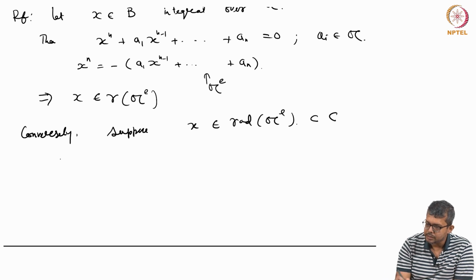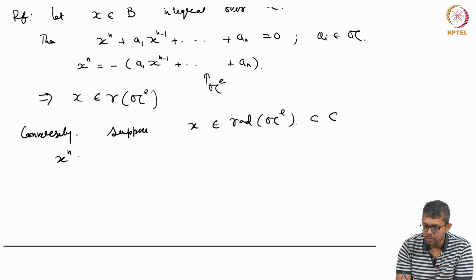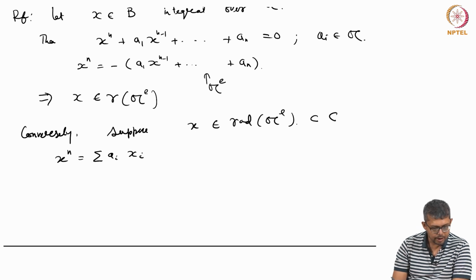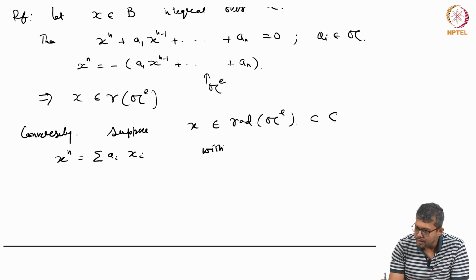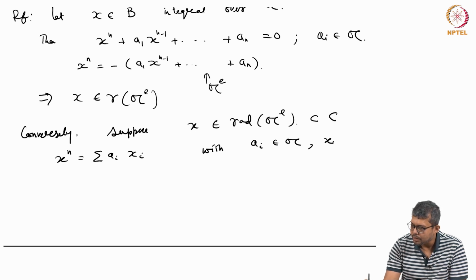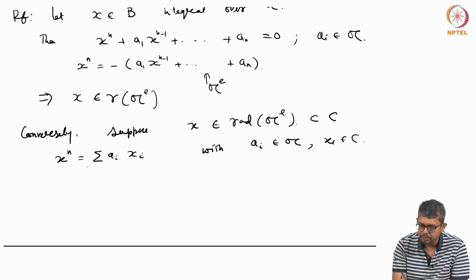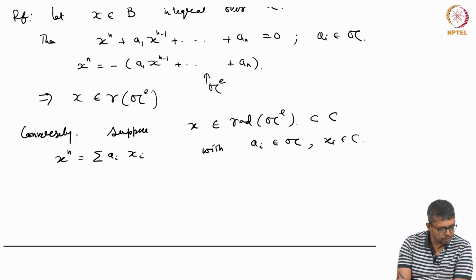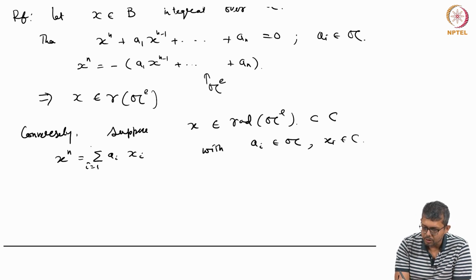This is in the extension. So, this means that x to the power n is in A extension. So, x to the power n you can write it as summation ai xi, with ai belongs to A and xi belongs to C, say i equal to 1 to k or 1 to l.